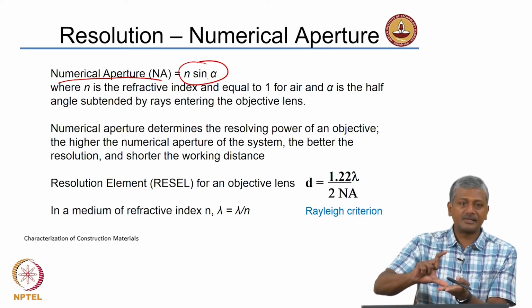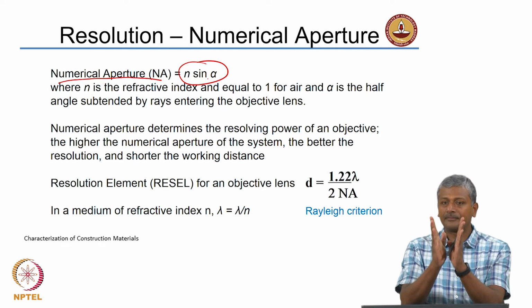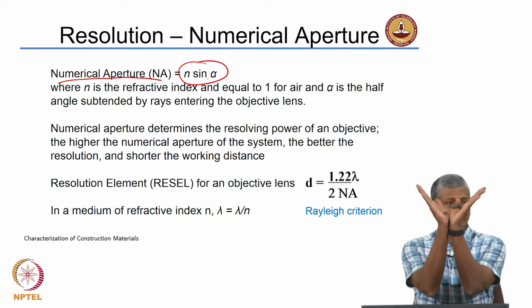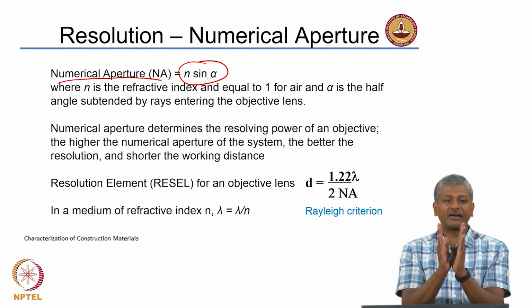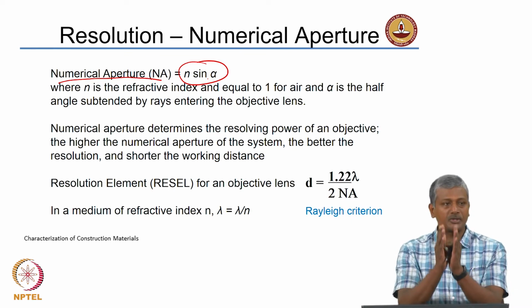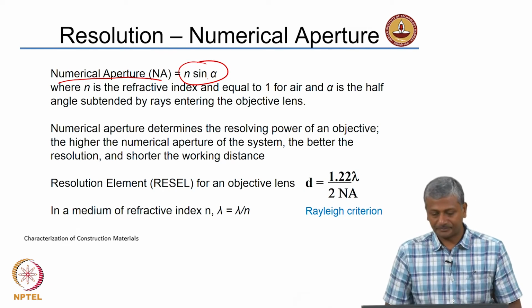The working distance increases. As the working distance increases, what will happen to the half angle alpha? So, at a closer working distance, it is very wide. As you increase the working distance, the half angle becomes smaller and smaller. That means at closer working distances you will get better resolution. When the object goes far away from the objective lens, you get poorer resolution.